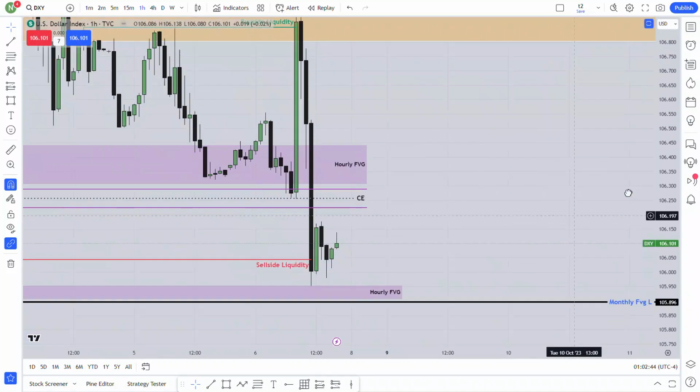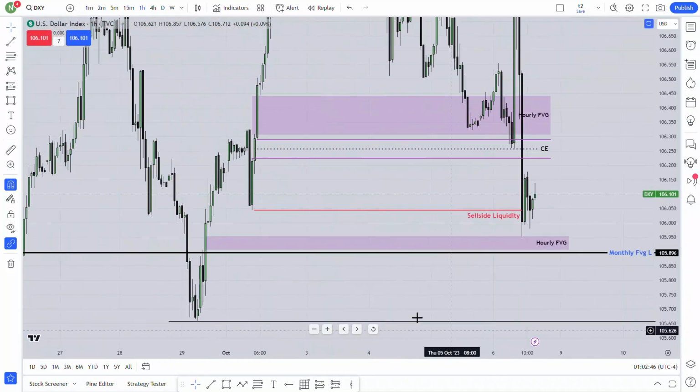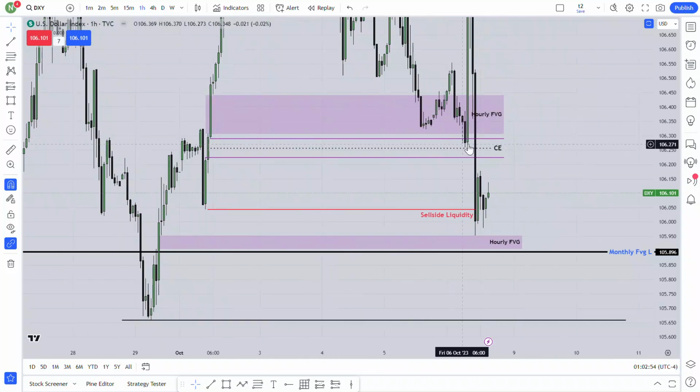This is the 1 hour chart, and I will tell you to keep these two levels. I removed this level, but I saw Michael actually told in his video that this is very important, and all of you know he is the boss, he's the father of this concept.